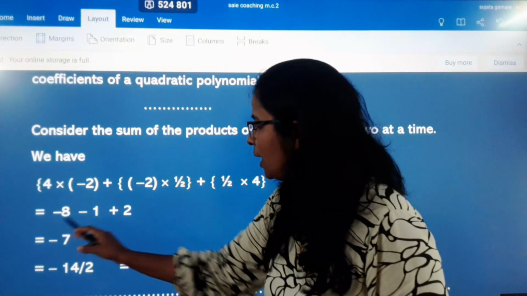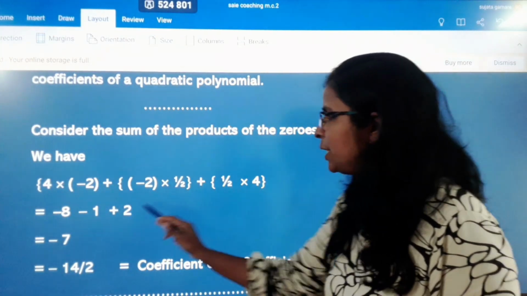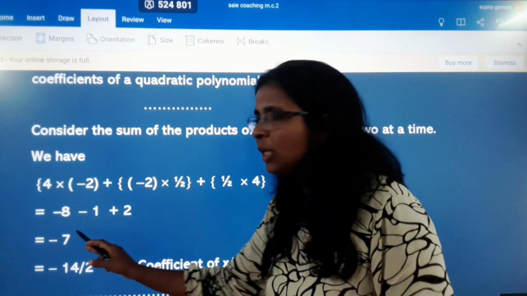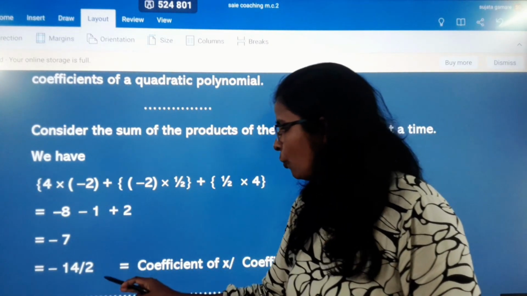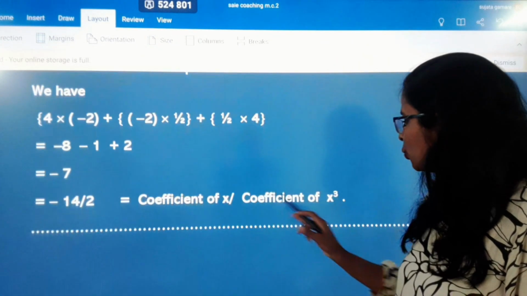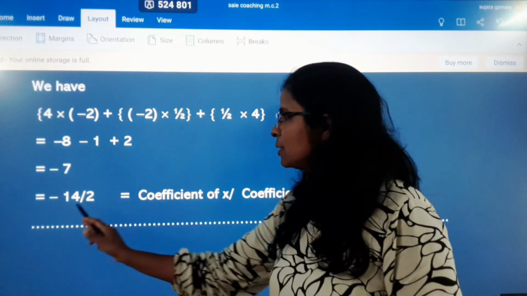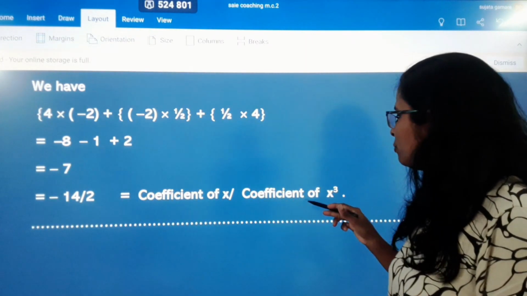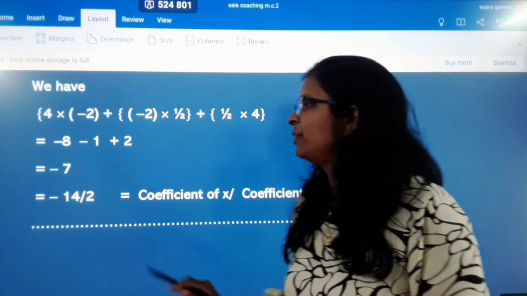That means minus 8, here minus 1, and here plus 2. So minus 8 minus 1 is minus 9, plus 2, that will be minus 7. And this is the value of coefficient of x upon coefficient of x cube, which is minus 14 upon 2. So the answer is the same, that means minus 7.